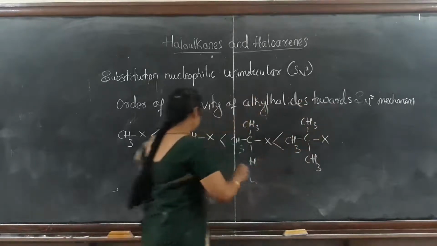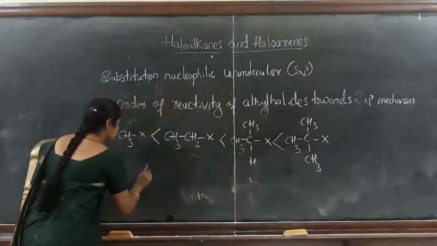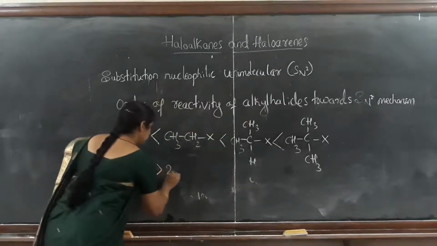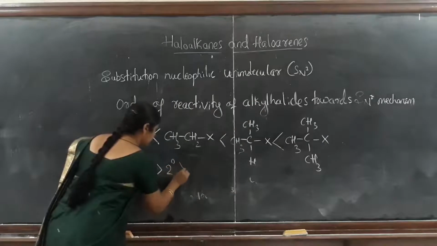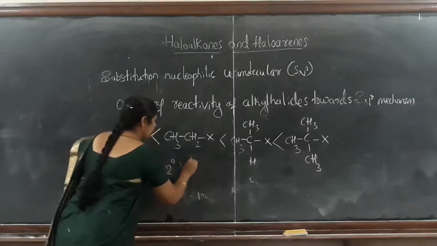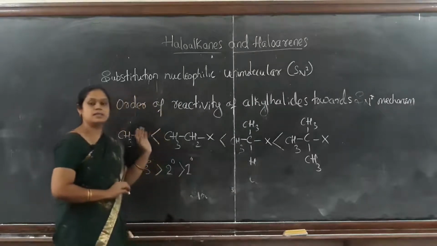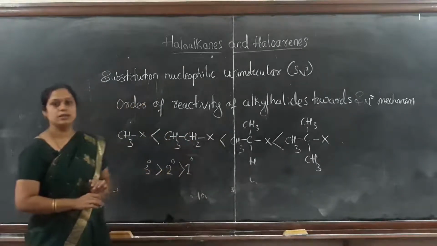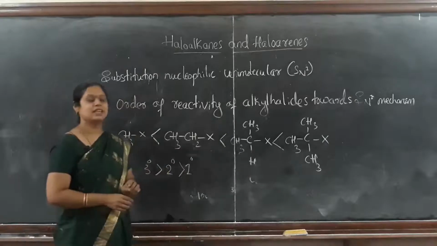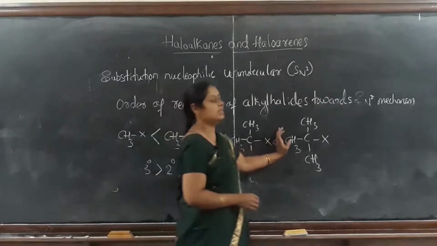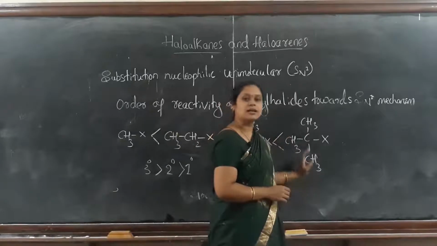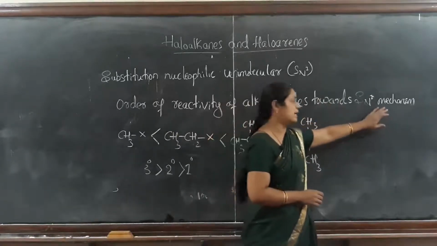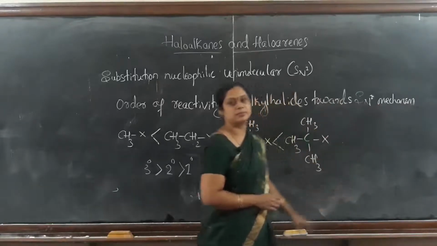This is the order of reactivity of alkyl halides towards the SN1 mechanism. I repeat, tertiary carbocations are more stable, hence they are more reactive towards the SN1 mechanism.